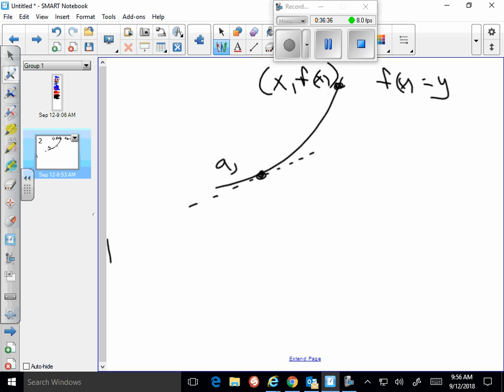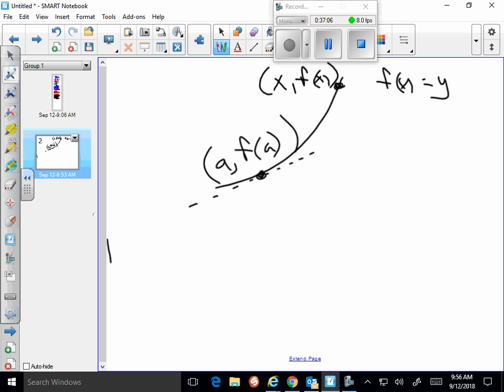Well, Garrity tells me the y value at that point would then be, if this is the x value, and you want to know the y value, I plug in an a for all the x's of f of x to find the y value at that point. Okay. So I've got these two ordered curves.